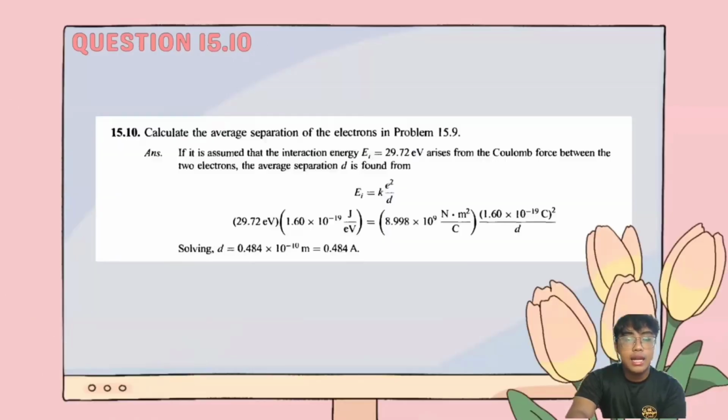Okay, next. Calculate the average separation of the electrons in problem 15.9.